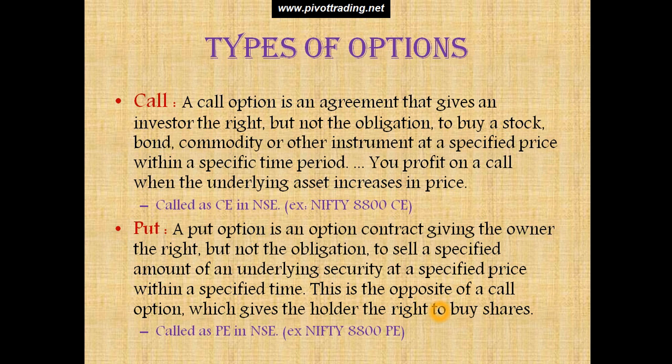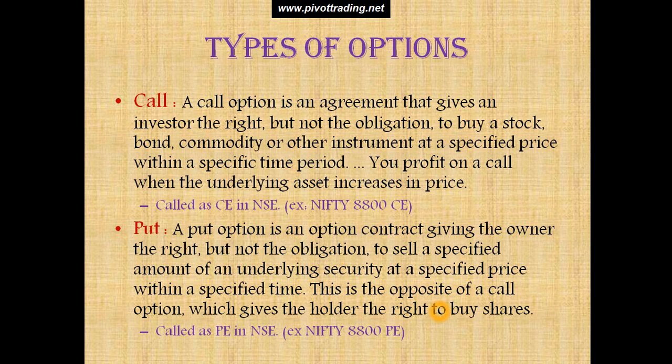Let's say you have 5,000 shares of Reliance with you. You think after 10 days, the price of Reliance shares is going to go down. So you will find some person in the market called Mr. X, who thinks that the price of Reliance is going to go up.